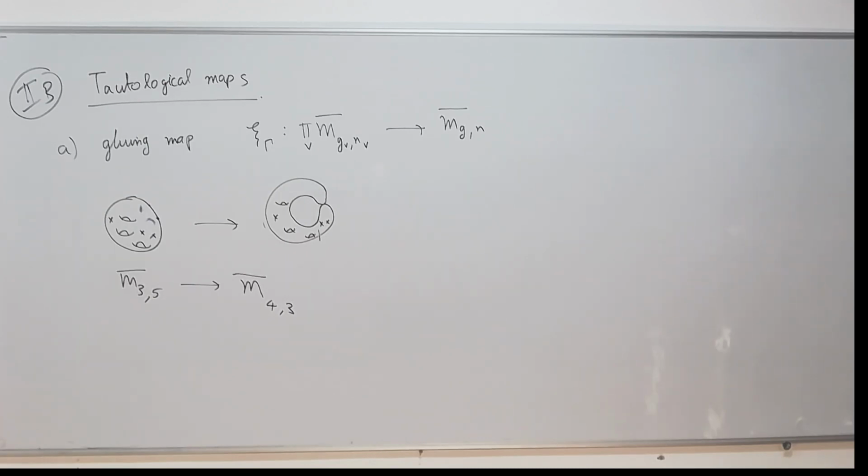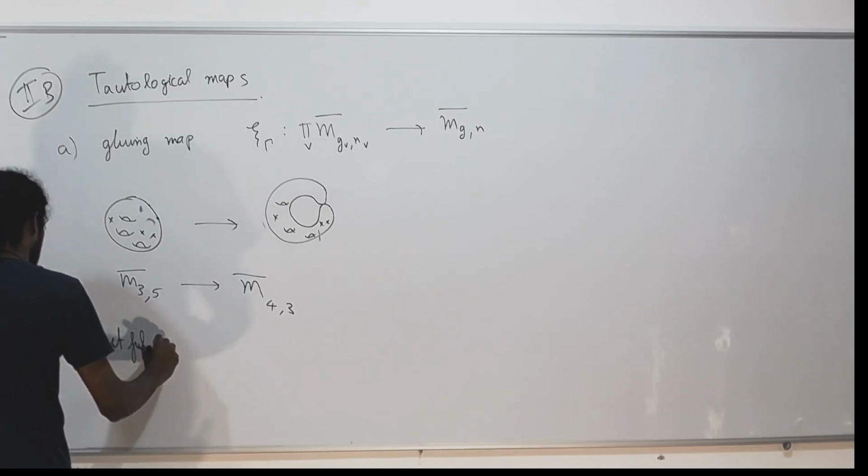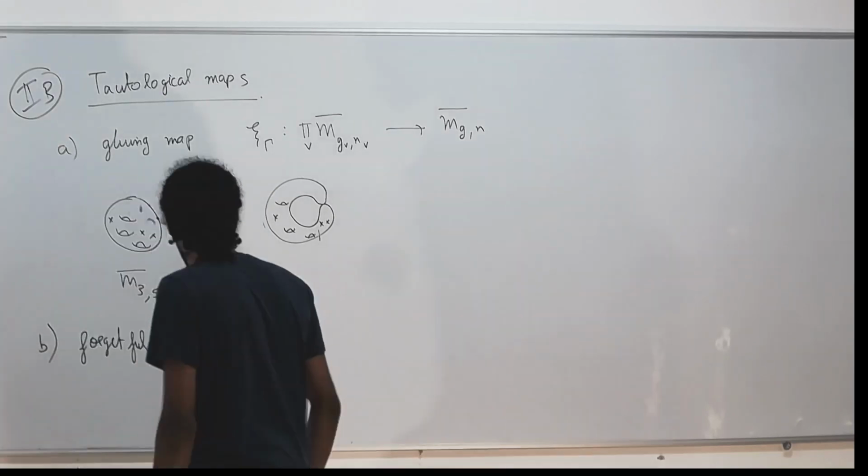Then the other map that we need is the so-called forgetful map. The forgetful map I'll denote by p.